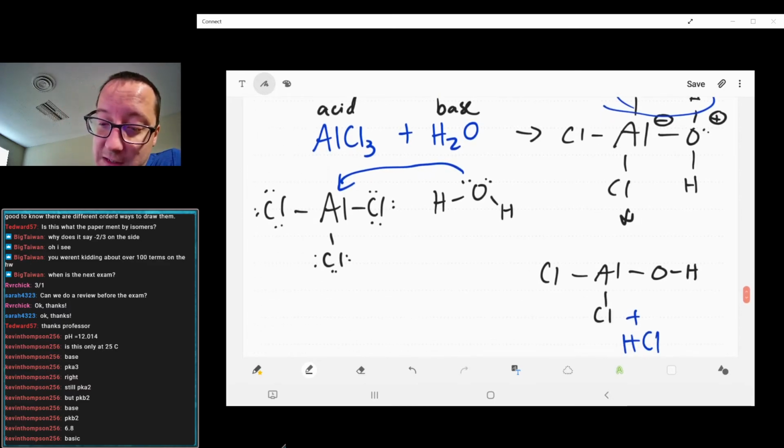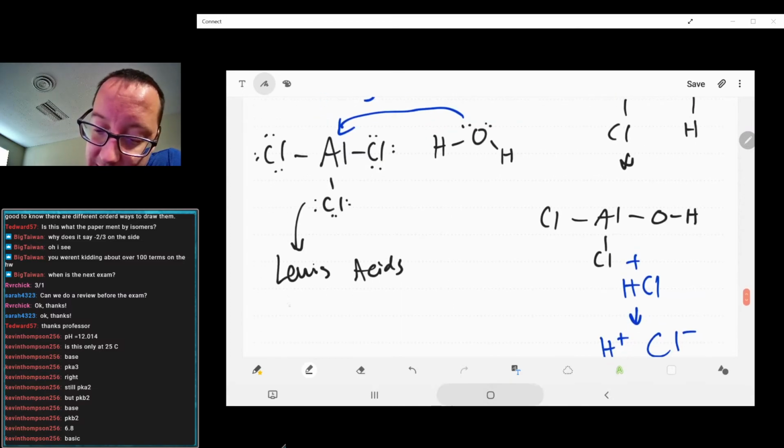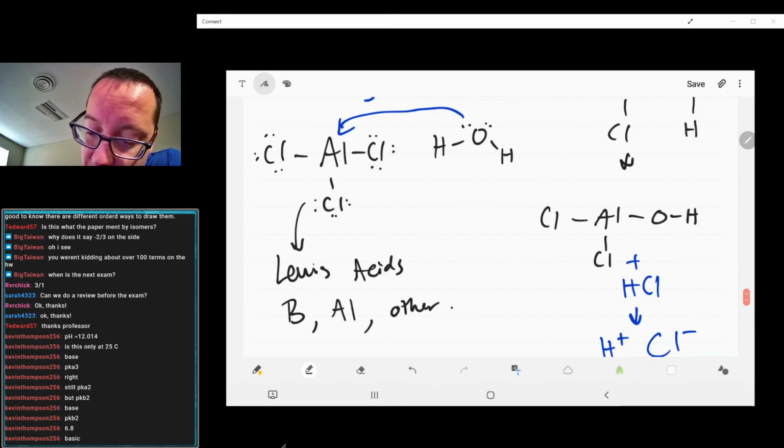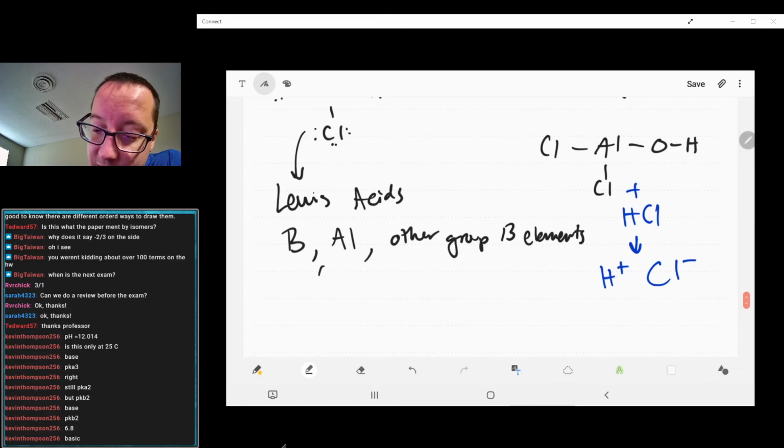Lewis acids we're going to see will often be things that contain boron or aluminum or other group 13 elements, because they happen to have those very nice incomplete octets, right? They have 6 valence electrons in Lewis structures.